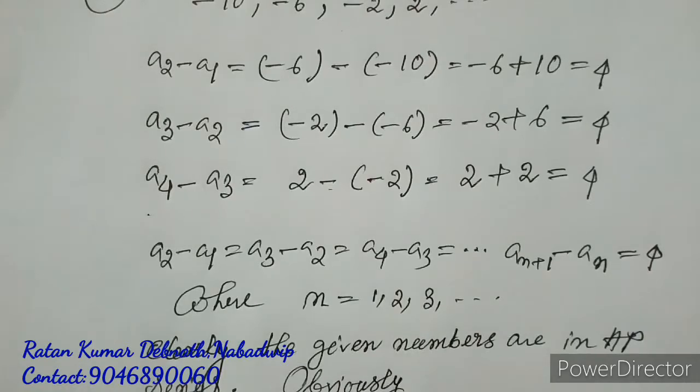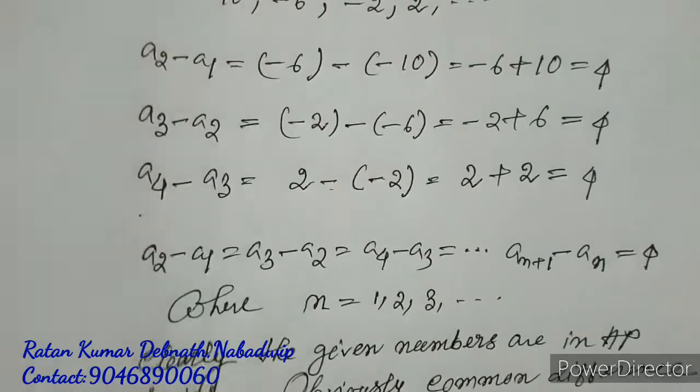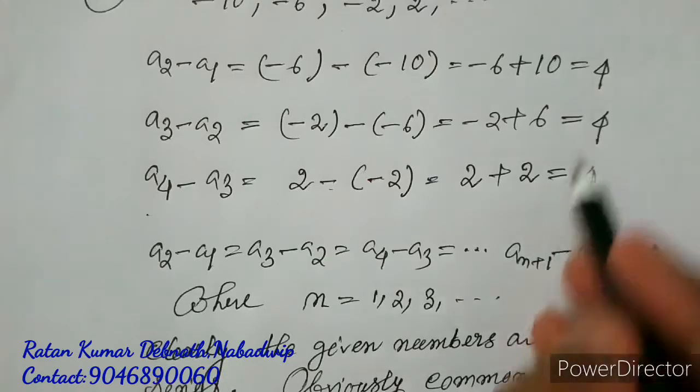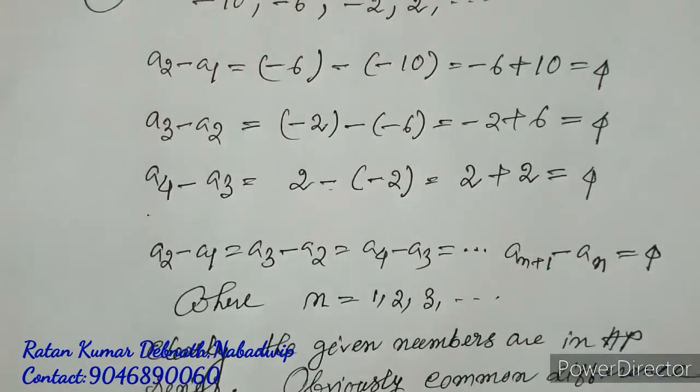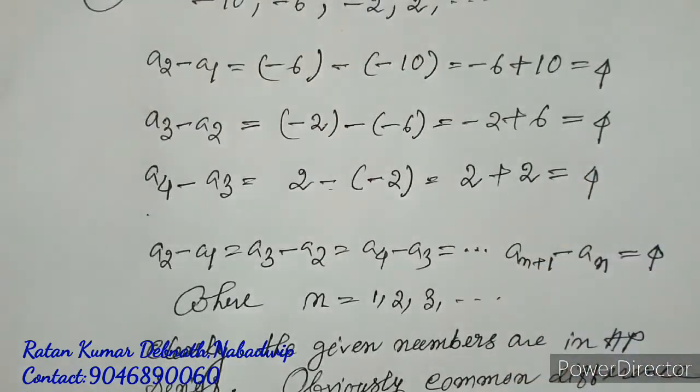Obviously, the common difference equals 4, because in all the cases we got 4.